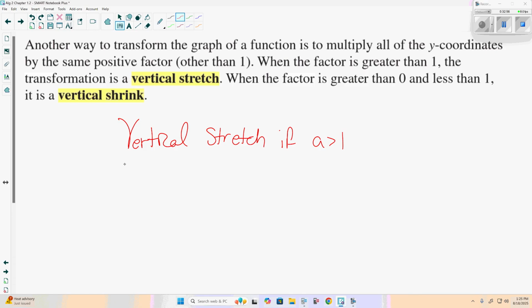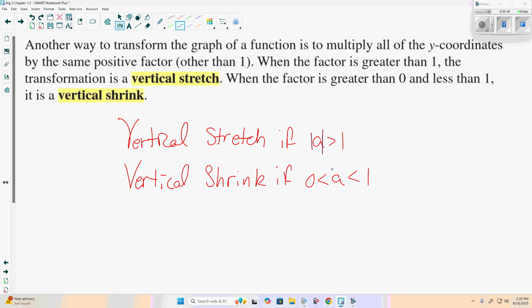Now it's a vertical shrink if 0 is less than a is less than 1. If a is between 0 and 1, it's a shrink. If a is greater than 1, it's a stretch. Now the technical definition for stretch and shrink is we'd say the absolute value of a.